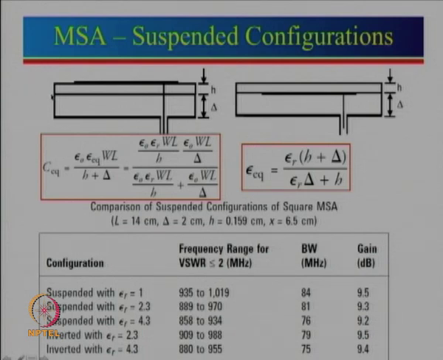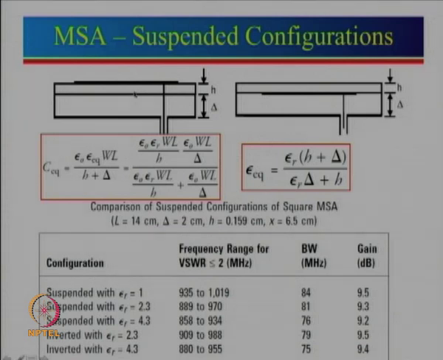Over here this can be any epsilon r. Now we would like to find out what is the epsilon equivalent of this particular combination of the 2. We can actually find out the effective capacitance first. The effective capacitance between this plate and this plate will be given by epsilon 0 epsilon equivalent multiplied by area, which is W into L, divided by total height.